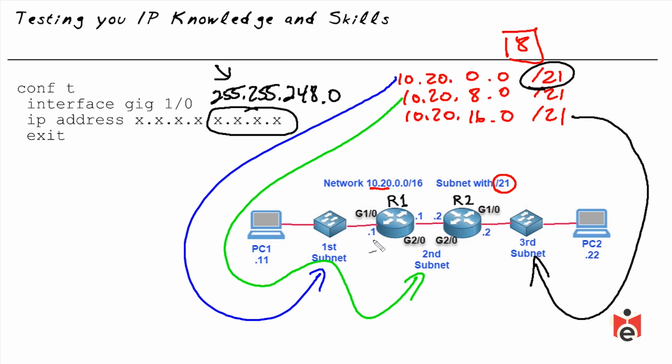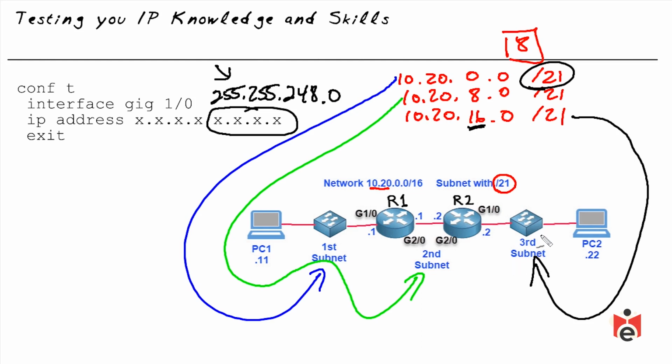So on R1, the interface IP address would be 10.20.0.1 with that mask. On the gig 2/0 interface, it would be 10.20.8.1 with a 21-bit mask. On R2, the interface here, gig 2/0, would be 10.20.8.2 with the same mask. And then gig 1/0, connected to subnet 3, would be 10.20.16.2 with a 21-bit mask.